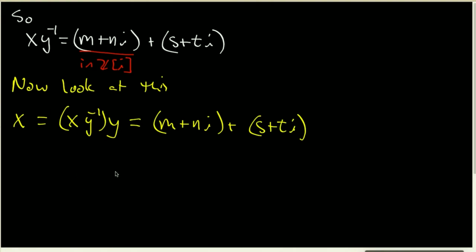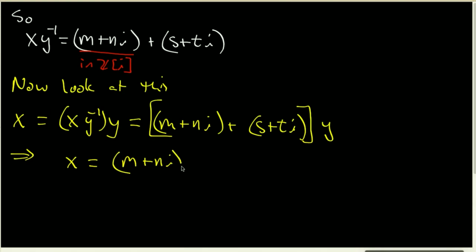And what this lets me do is write x as that expression times y, because all I've done is substitute this mess in for x times y inverse. So, okay, what does that tell me? That tells me x is equal to (m plus ni) times y, I'm distributing, plus (s plus ti) times y.